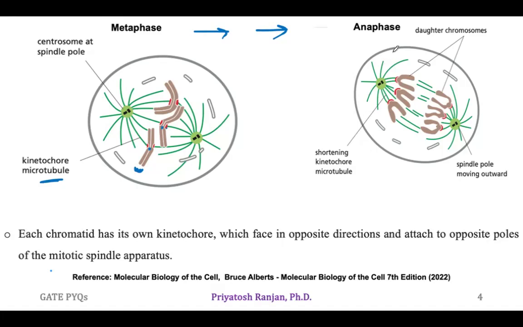And once cytokinesis takes place, you'll have 2 identical daughter cells carrying an equal number of chromosomes. One thing we need to keep in mind is that at this stage, this chromosome is carrying two sister chromatids and hence two kinetochores. Once the cell has completed division, you'll have a single kinetochore for a single chromatid.